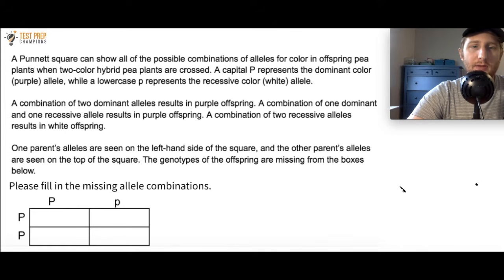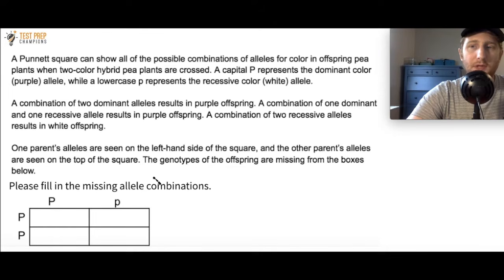A combination of 1 dominant and 1 recessive allele results in purple offspring. A combination of 2 recessive alleles results in white offspring. One parent's alleles are seen on the left-hand side of the square, and the other parent's alleles are seen on the top of the square. The genotypes of the offspring are missing from the boxes below. So the question is to fill in the missing allele combinations.